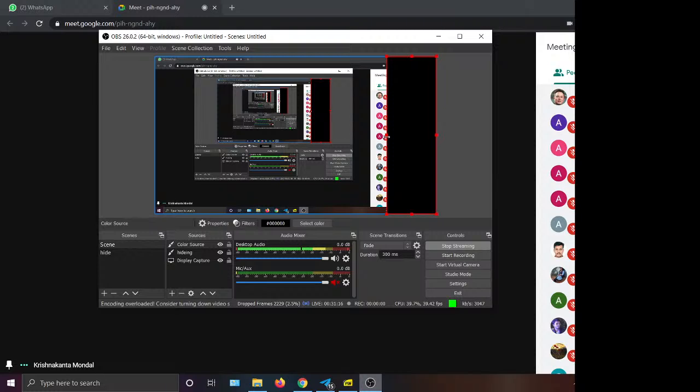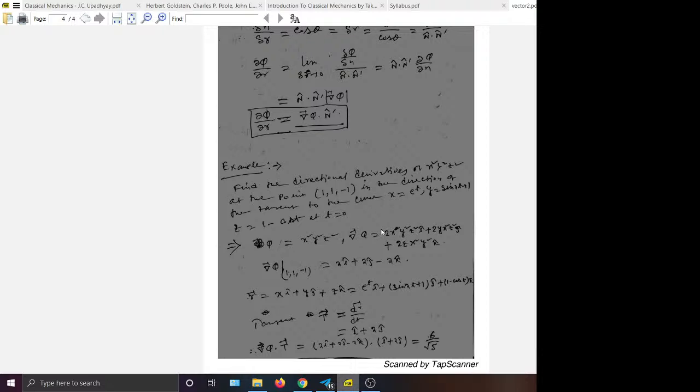Now I have to find the directional derivative of this grad phi along the tangent to the curve, which is given in terms of this variable t, with the condition at t equal to 0. For that curve, the position vector r is equal to x i cap plus y j cap plus z k cap.